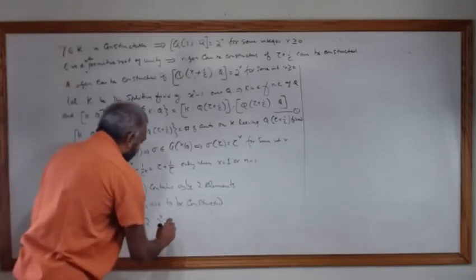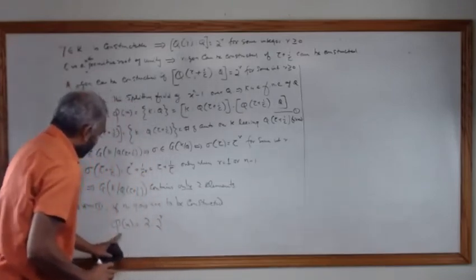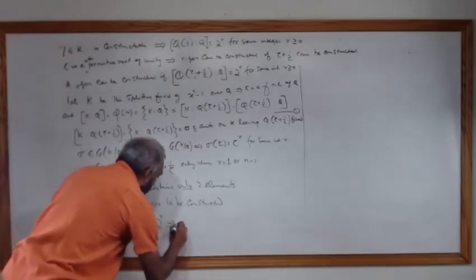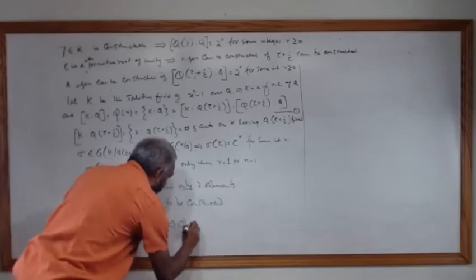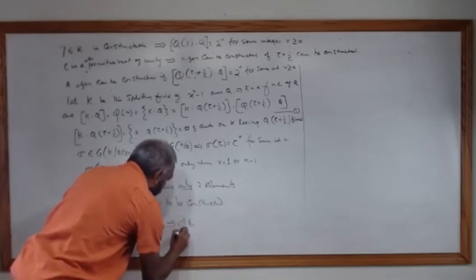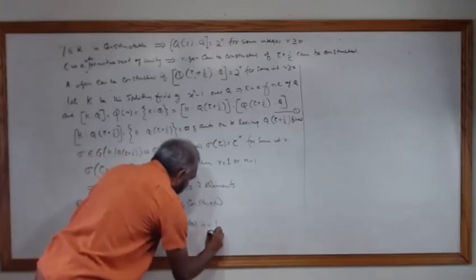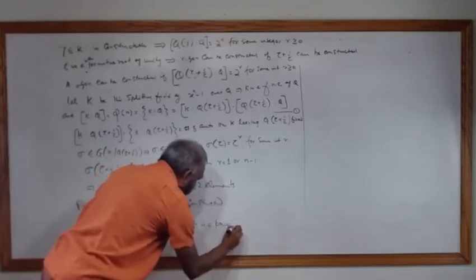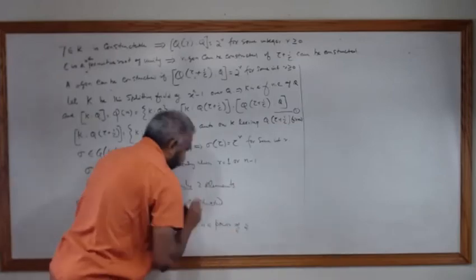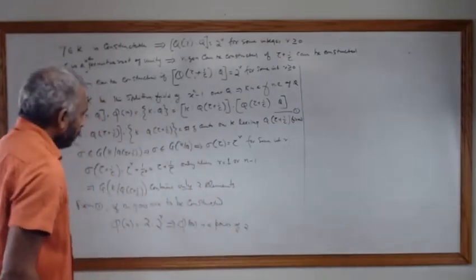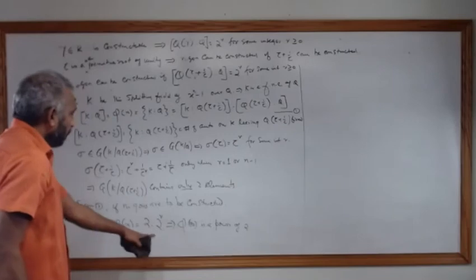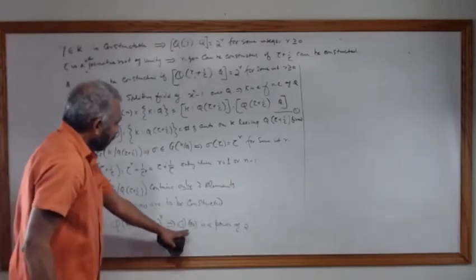And that actually means phi of n, that is Euler function of n, is a power of 2. Now we have a result from number theory on phi of n.